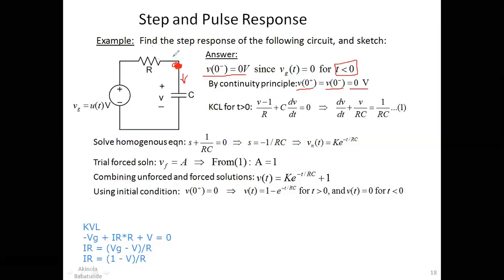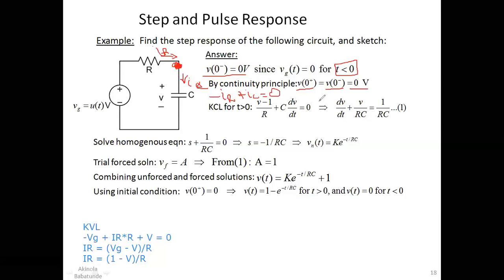Current IR is entering this particular node. Current entering the node is going to be minus IR, and the other one is going to be IC. The current leaving the node has a plus sign, so it becomes plus IC, and this would be equal to 0.